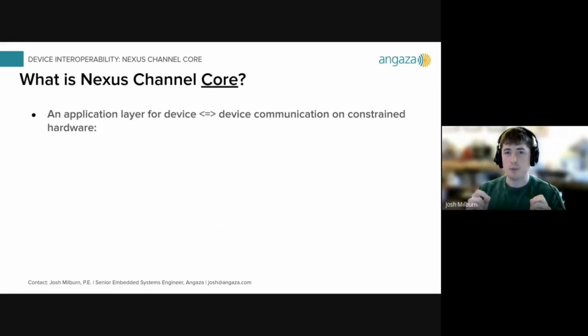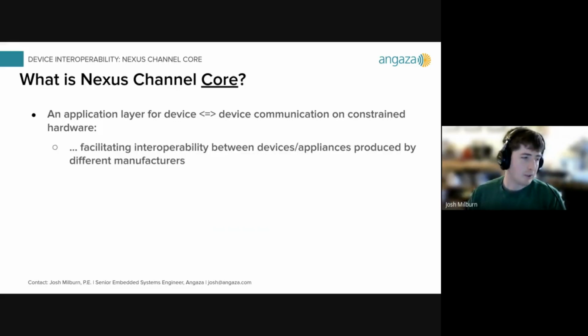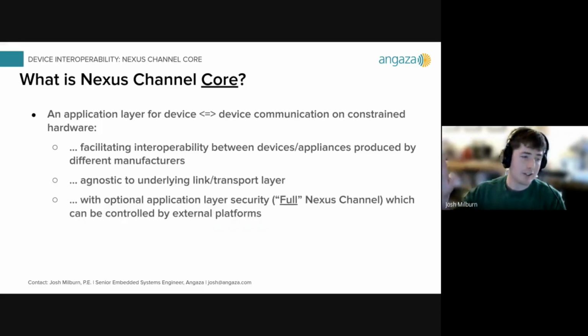So they shouldn't need to worry so much about how they're connected electrically, how bytes are sent on the wire, but more about, can I talk about some property of the device, like a battery or a fault status or something else at a very high level, and design interesting applications around it, not do I have to get down to the bits for every single new device to integrate. And so when I say application layer, that's what we're talking about here, allowing manufacturers to interoperate at that layer, independent of how they're connected below that, whether it's Bluetooth or some proprietary wired link, and then security can be layered on top of that.